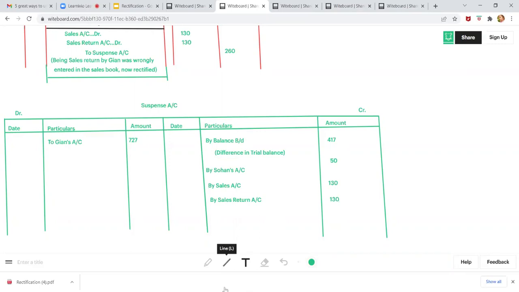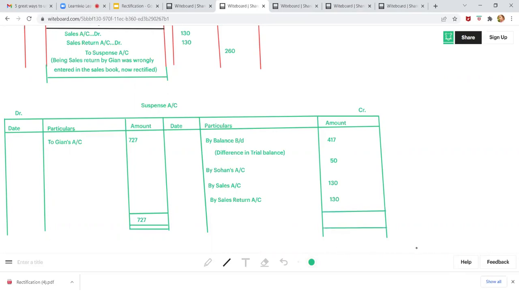Now here we have to add this column. There is no other portion, so the amount will be as it is, that is 727. And on the credit side we have to add, so we get 727.